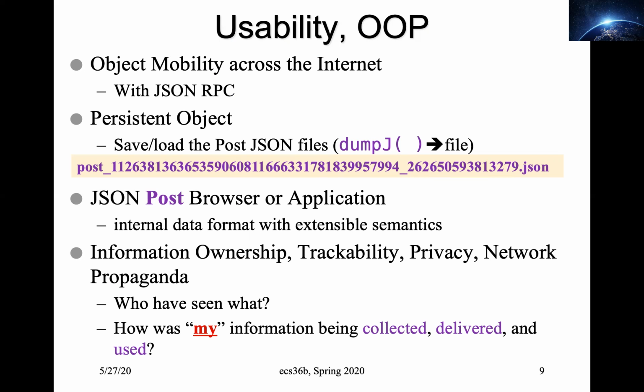You can do a few things. Number one, you can have what we call object mobility. So what is object mobility? You have an object in one place, but you want this object to be present in a different location. Say you want to move it to somewhere in Australia. What you can do is a dump-J to dump the object, and now you have a JSON format.